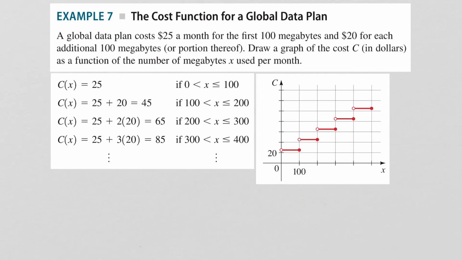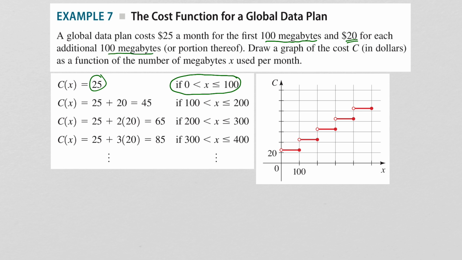Now we have an example of how a step function can be useful. So this is a cost function for a global data plan. Suppose that a global data plan costs $25 a month for the first 100 megabytes of data. So if you use 100 megabytes or less, which would be this right here, you are going to pay $25. But then you're going to pay $20 for each additional 100 megabytes.